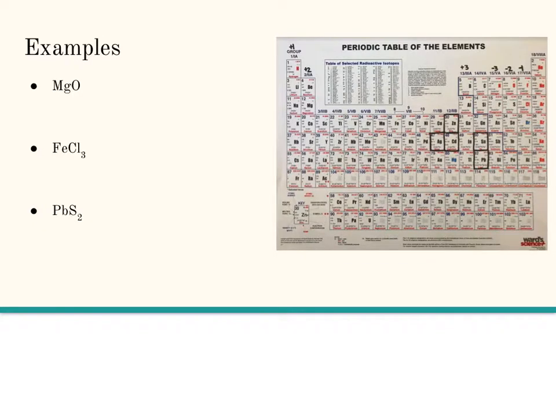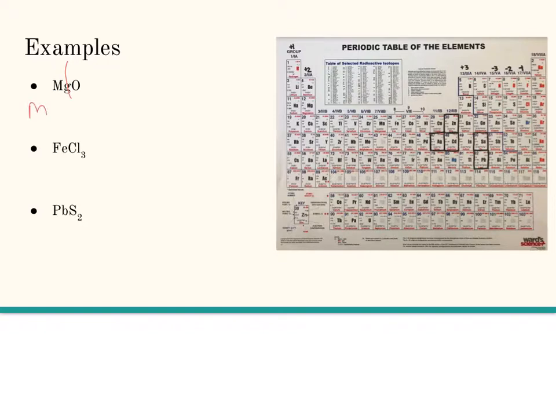So the first thing I'm going to do is name the compound MgO. Okay, MgO is a binary ionic compound because it consists of 2 elements, magnesium and oxygen. Again, when we name it, we break it apart into the cation and the anion. The cation, or the positively charged ion, is the magnesium.